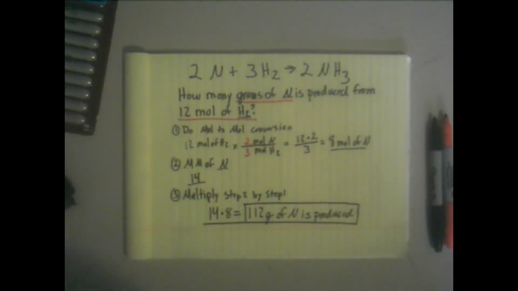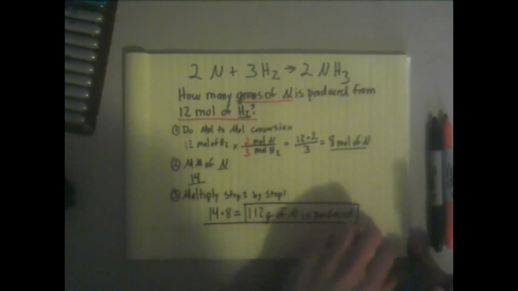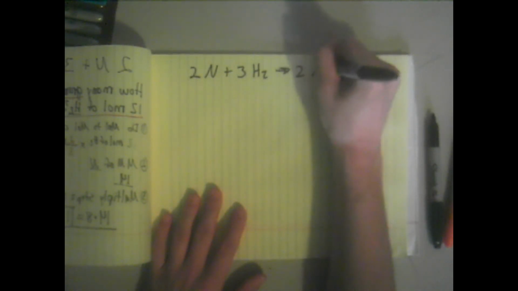So that's the first example. Now another example could be like this. We're going to use the same exact equation, 2N plus 3H2 yields 2NH3.